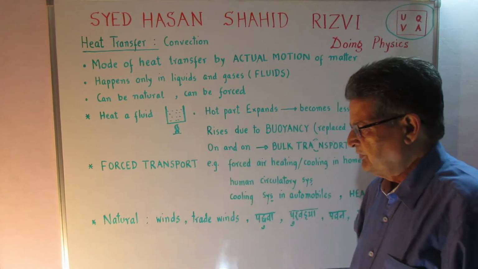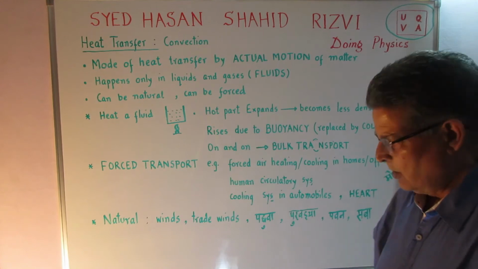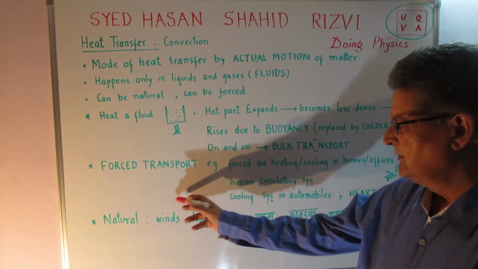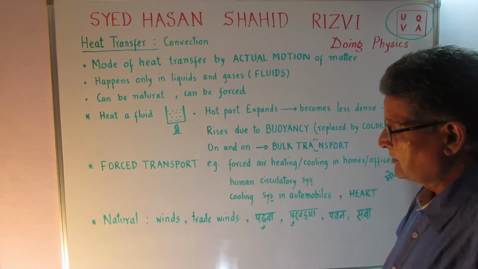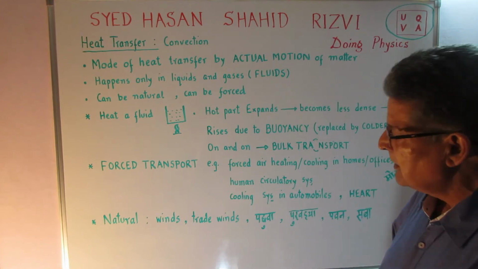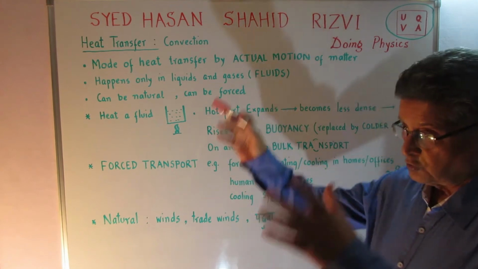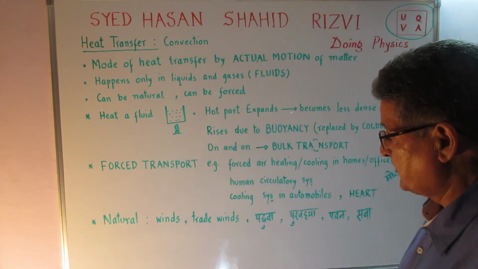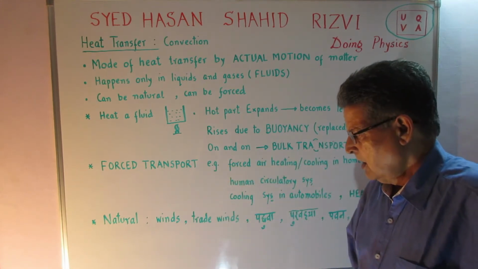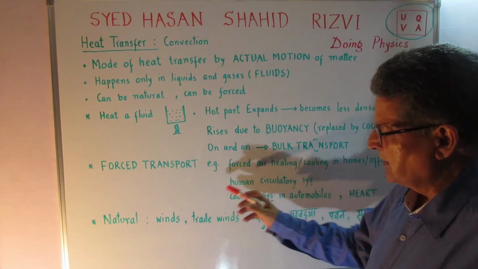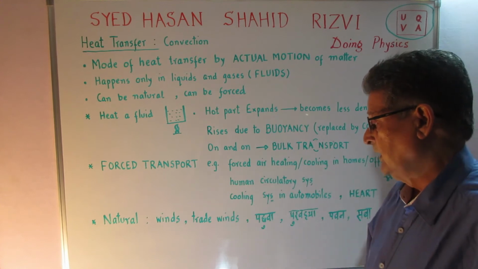Now, natural phenomena of convection are like the winds, and trade winds in particular, which in our part of the world, the hemisphere, transport heat through the atmosphere by winds flowing from the North Pole in our part of the hemisphere to the equator.